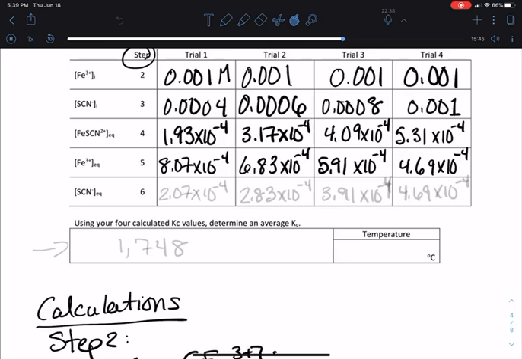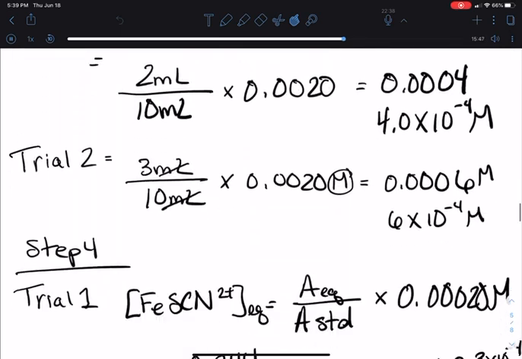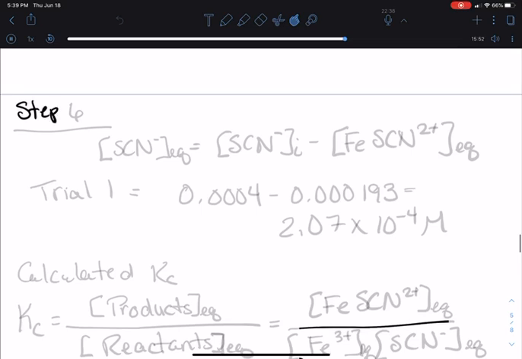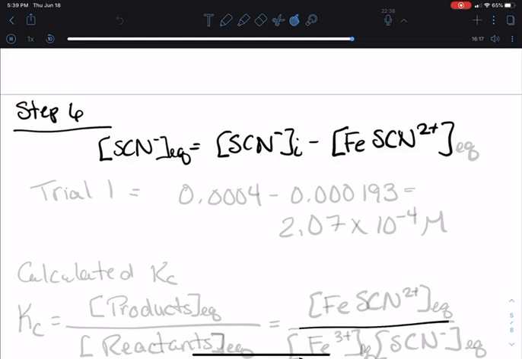And the calculations for the thiocyanate in step 6 at equilibrium is very similar. So that's our initial concentration minus the concentration of our product, because that's how much it needed to use of our initial concentration.